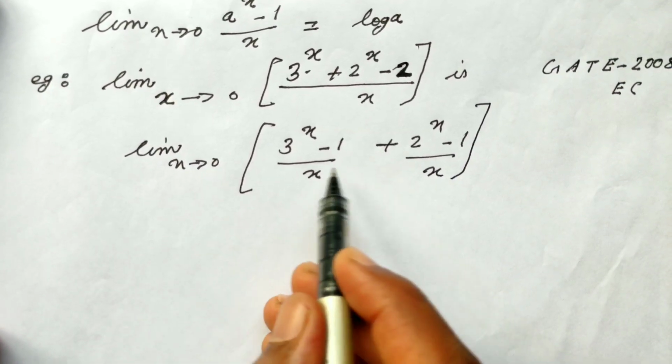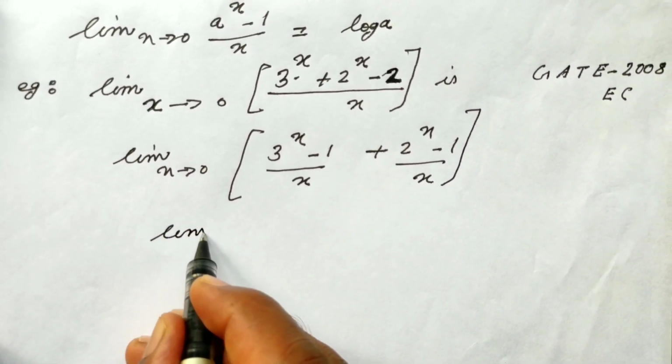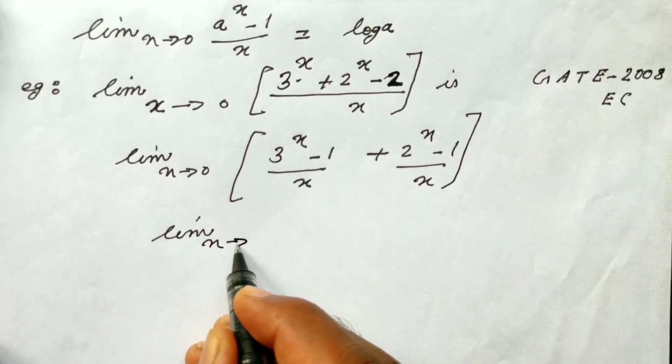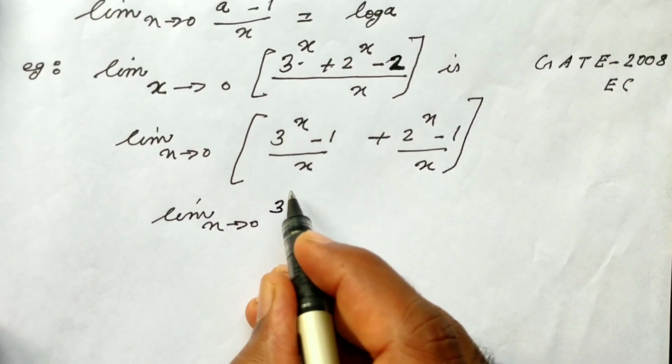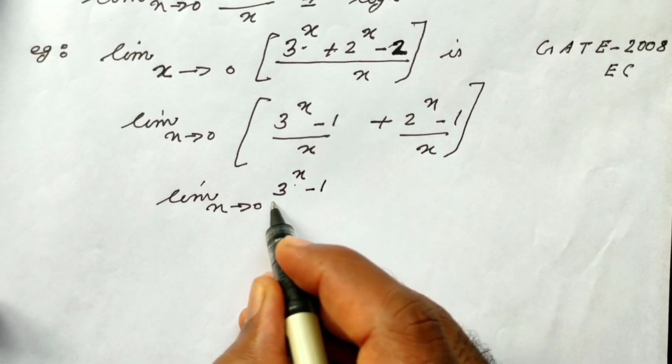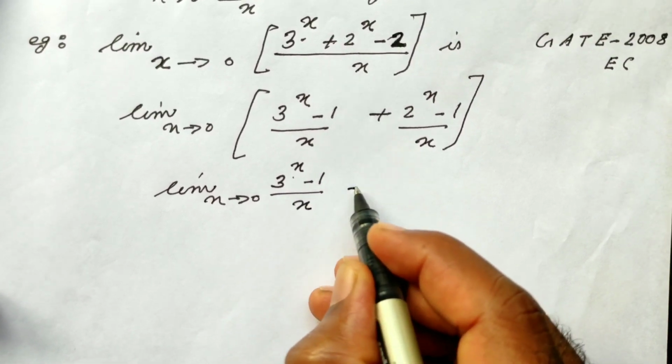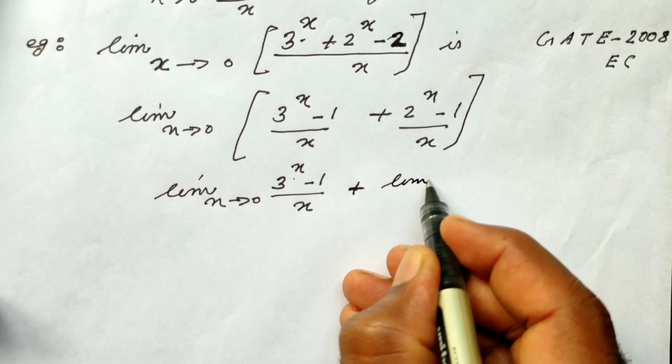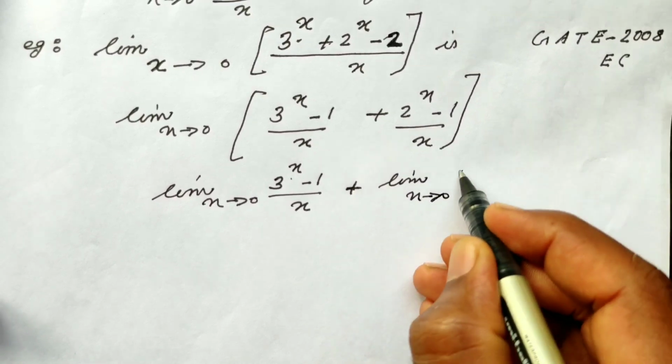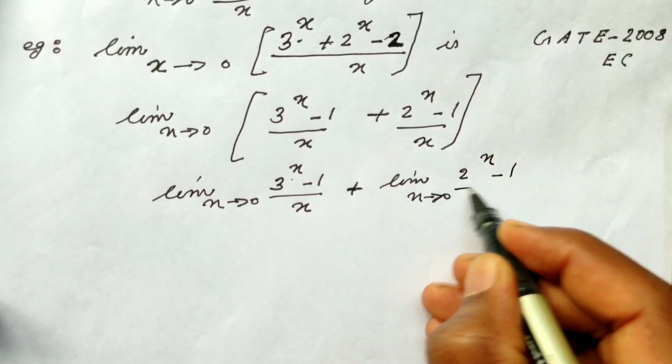We know the limit of sum is sum of limits, therefore the limit gets inside, that is limit x tends to 0, 3 raised to x minus 1 divided by x plus limit x tends to 0, 2 raised to x minus 1 divided by x.